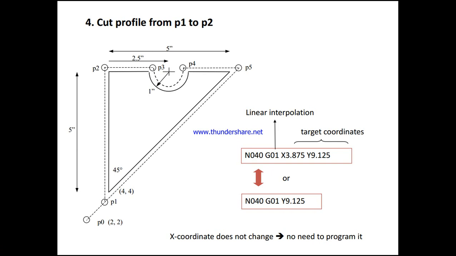Only the y changes because the tool has to move from P1 to P2, that is 5 inches. So x is not required, we can give only the y, so that the tool moves from P1 to P2.